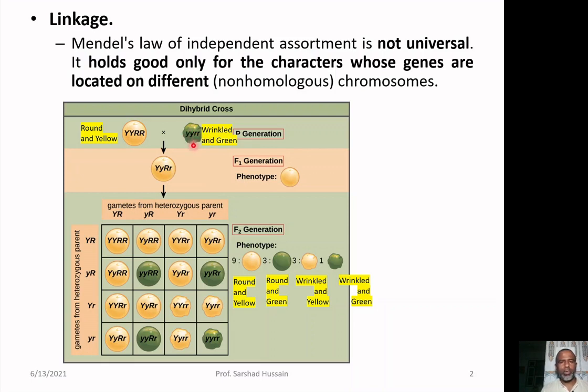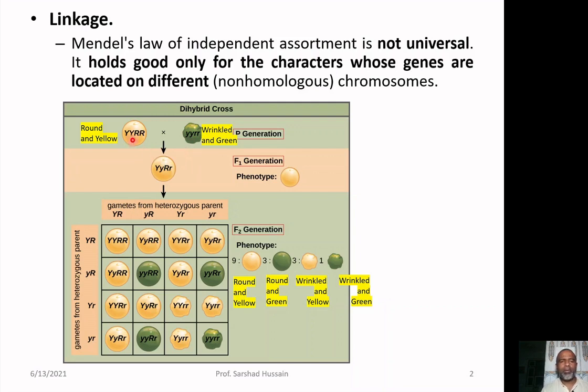I need not discuss dominant and recessive, because you have studied all these things in the first chapter. Now, according to the law of independent assortment, the gene Y for yellow will not always remain with the gene for round, that is R, and the gene for wrinkled, small y, shall not always remain with green, small r, from one generation to another.